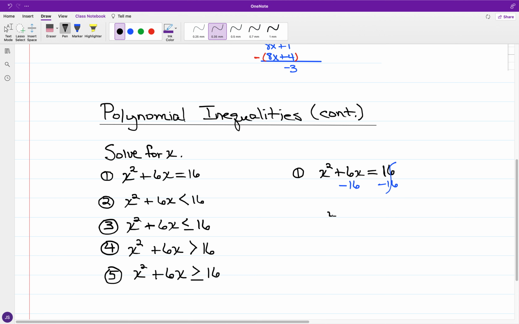So for the standard form of the quadratic equation in the first case, we have x squared plus 6x minus 16 is equal to 0.